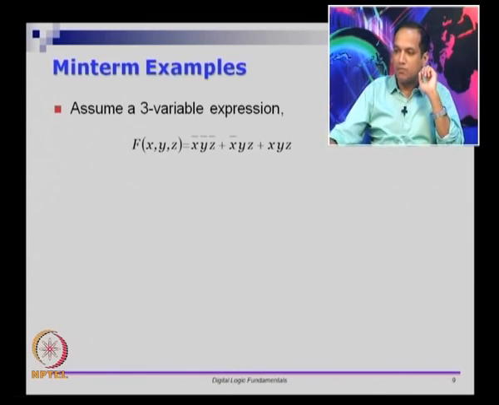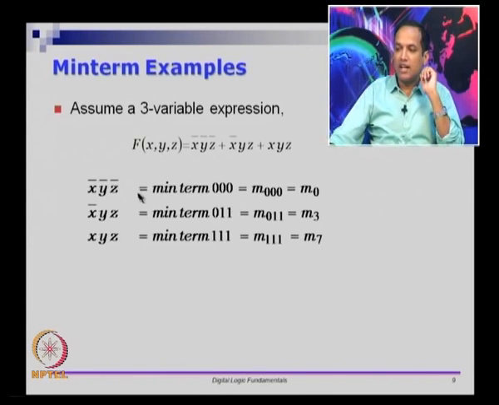So, if we take x bar, y bar, z bar, we assume that the ordering is x, y and z. Wherever I see x in the complemented form, I will put a 0. Wherever I see x in the uncomplemented form, I will put a 1. So, if I take this product term x bar, y bar, z bar, it is actually the min term 0, 0, 0.